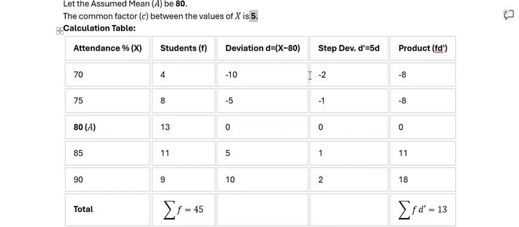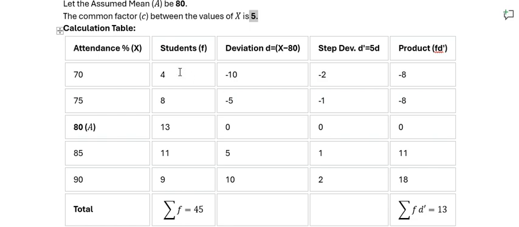So minus 10 divided by 5 will come as minus 2. Similarly, minus 5 divided by 5 is equal to minus 1. 0 divided by 5 will become 0. 5 divided by 5 is equal to 1, and 10 divided by 5 is equal to 2.